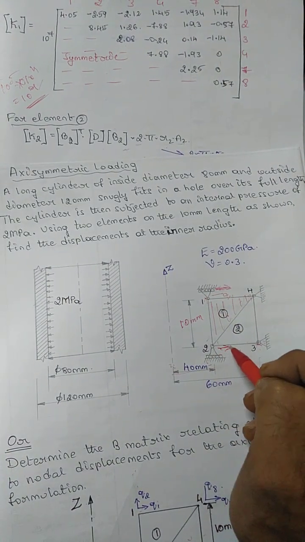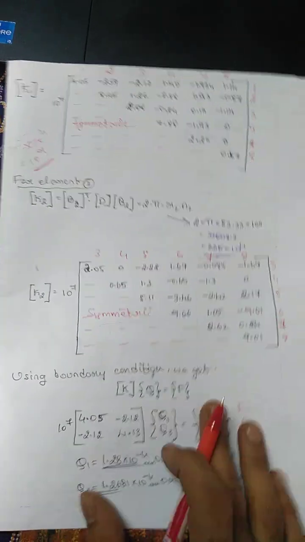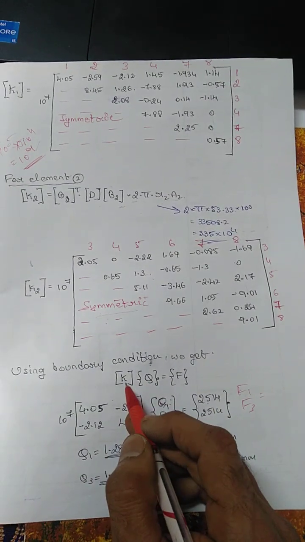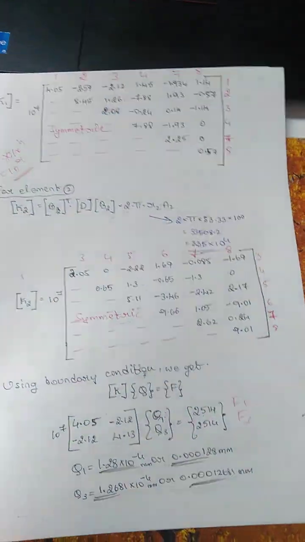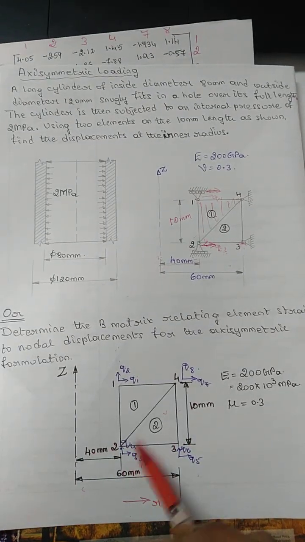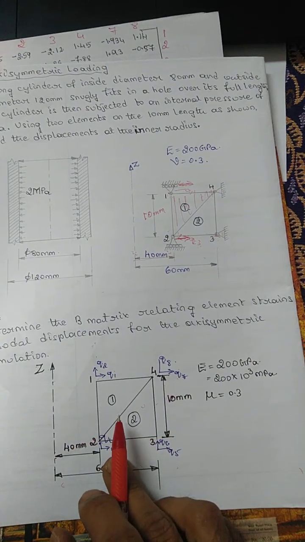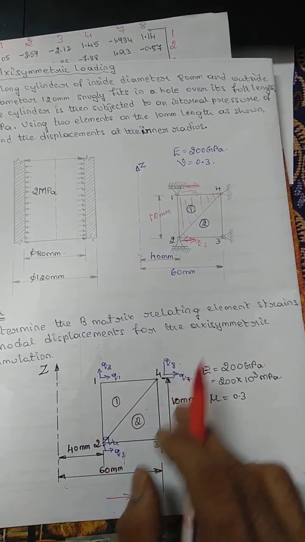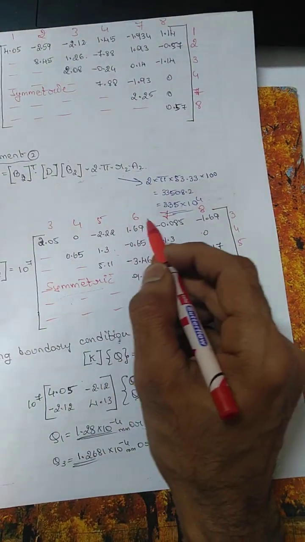That is why we have considered only F1 and F3. So next is substitute here. 1 2 3 4 7 8 for the first element, and 3 4 5 6 7 8 for the second element.